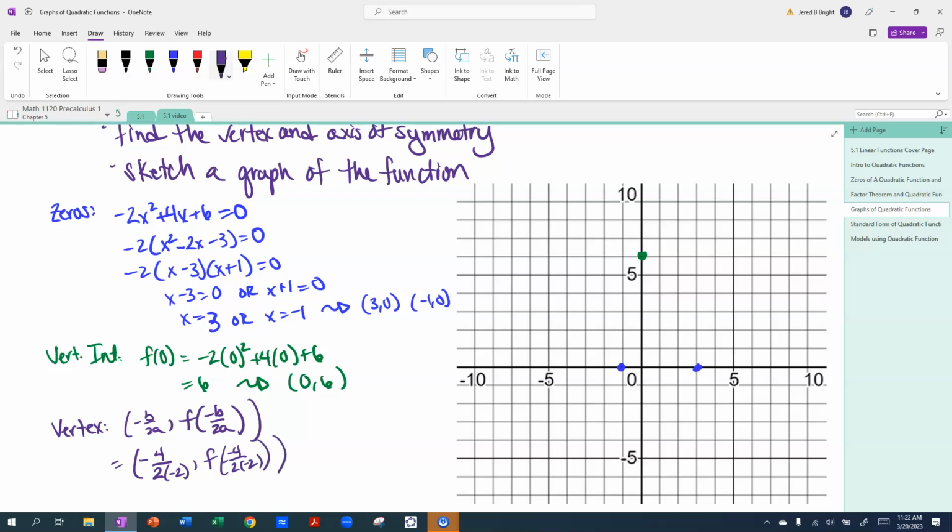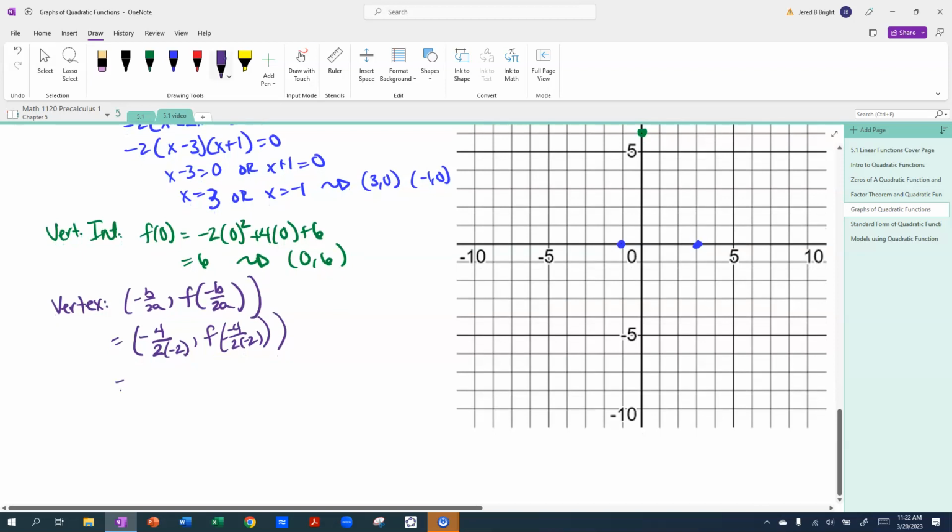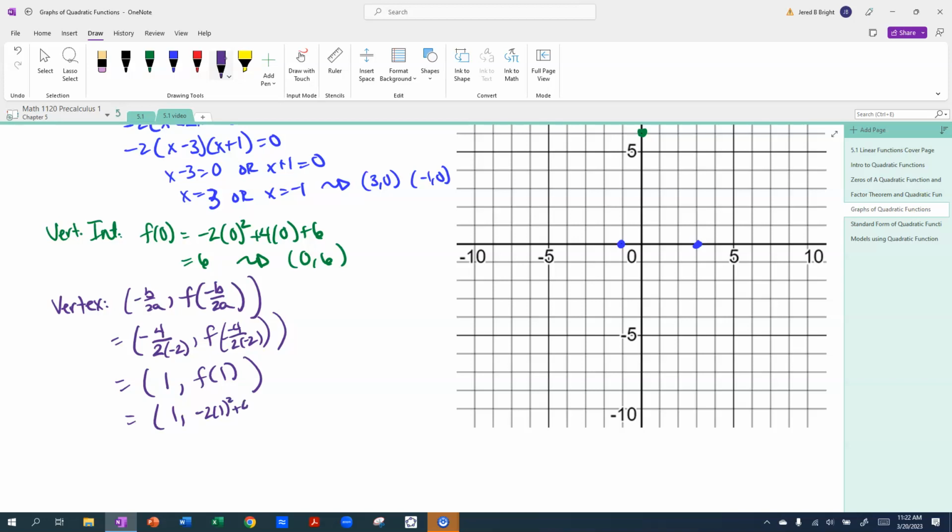Okay, there we go. Doing the calculation, I would get 1, comma, and then f of 1. If I put 1 into the function, I'd have negative 2 times 1 squared plus 4 times 1 plus 6, and that'd be minus 2 plus 10, so 8.